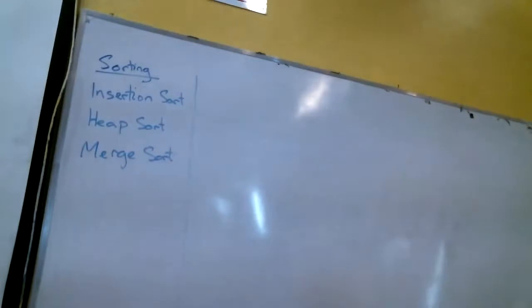How much does that cost you? n squared. Good. So worst case, that's order n squared. But your best case is order n. If it's already sorted, then each insertion step takes only a single step, and then you're done. Any questions? Oh, fantastic. I don't need to write anything. Let's move on.